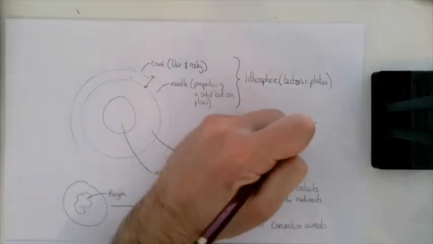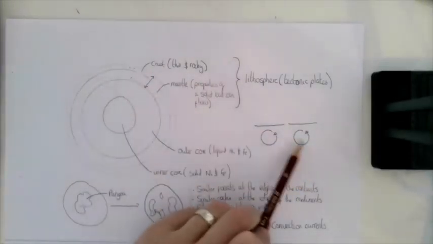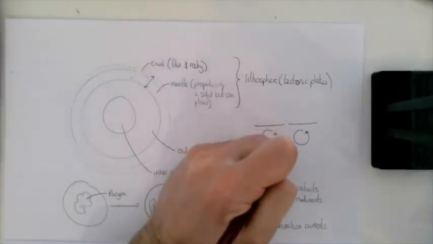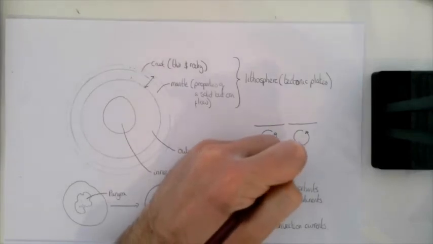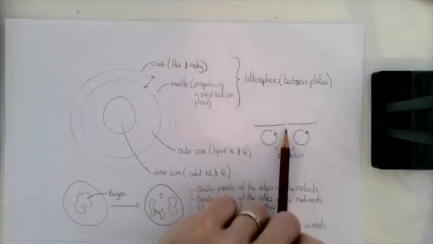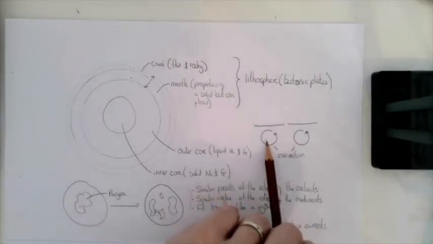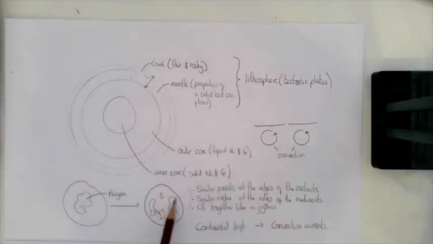So the flow of the magma is moving around, and these are convection currents. What will happen is the plates will slowly move, and that then results in the continents moving around.